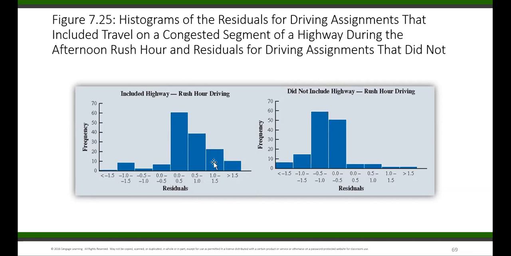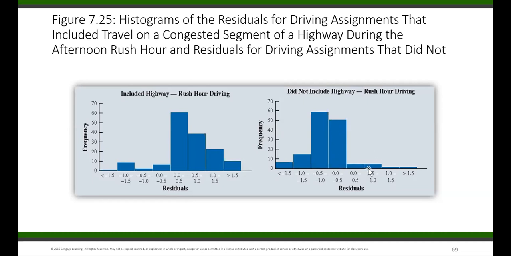Residuals are actually skewed. For the cases where the driver took the highway during the rush hour, we see that it's skewed to the left side. Most residuals are taking positive values, whereas when the driver did not take the highway during the rush hour, residuals are now negative.